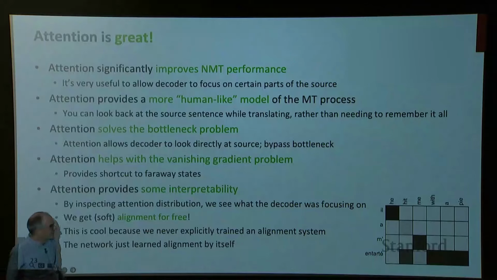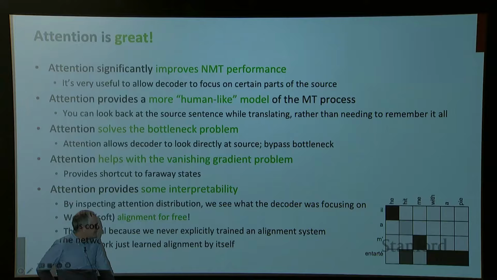So for my little toy sentence, "he hit me with a pie", at the first position it was looking at the first word, il, he, which it translates. Then in French there's this verb entarter, to pie somebody. I guess in English as well, you can use pie as a verb, right?